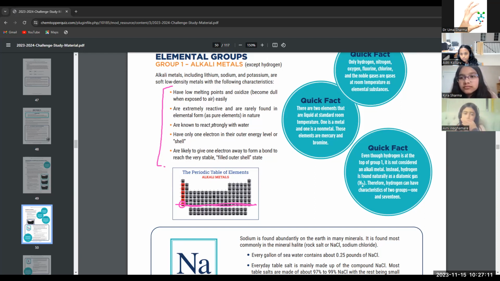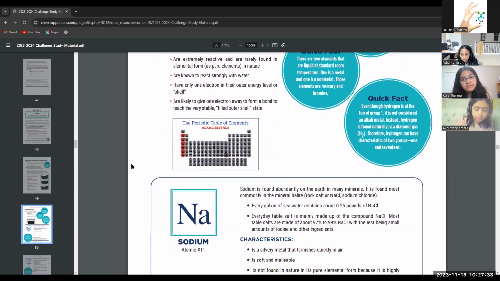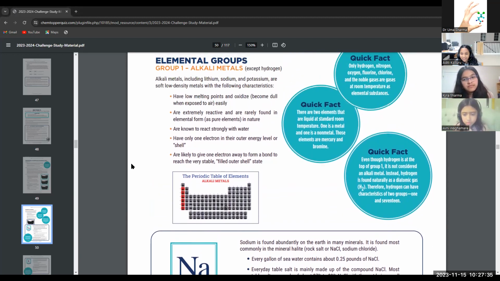That's why they react with water, they react with oxygen, and they have only one electron in the outermost shell. So please read it. I have a question. It says quick fact: even though hydrogen is at the top of group one, it's not considered an alkali metal. Why?